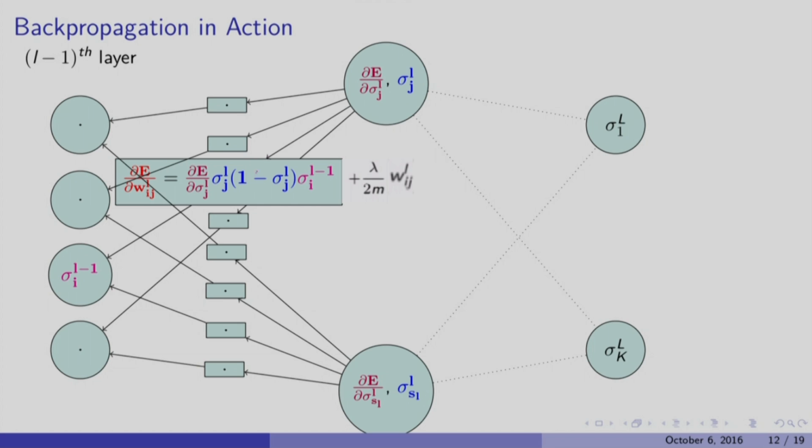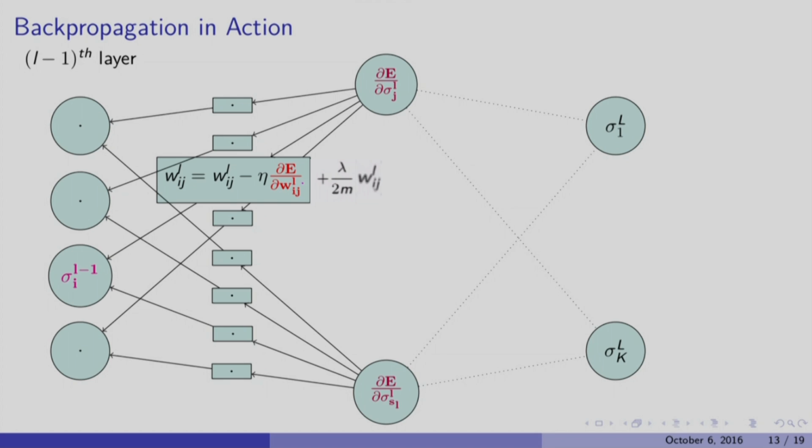We get this following backpropagation update rule. The update step is a product involving sigma from the lth layer, sigma I from the L minus 1th layer, multiplied by the backpropagated partial derivative of E with respect to sigma jl.